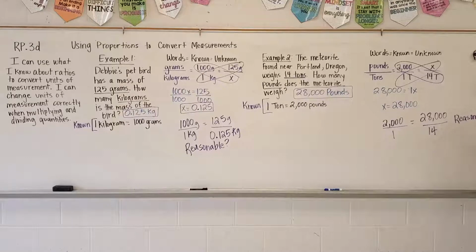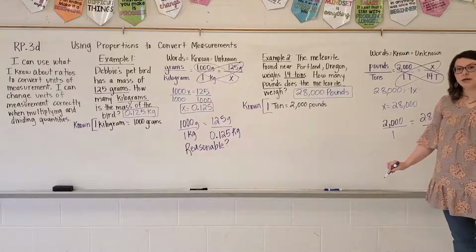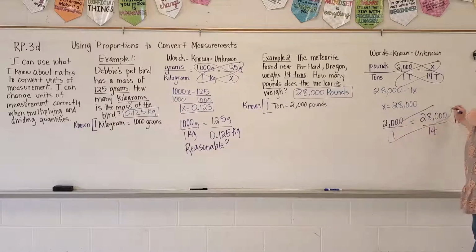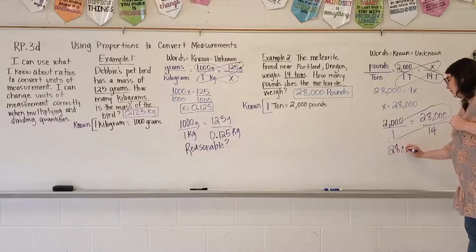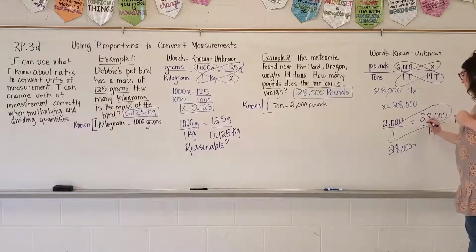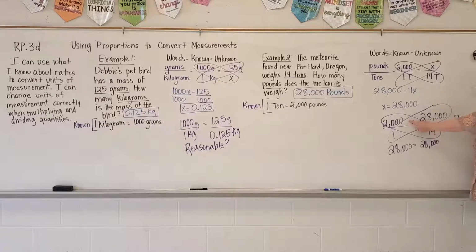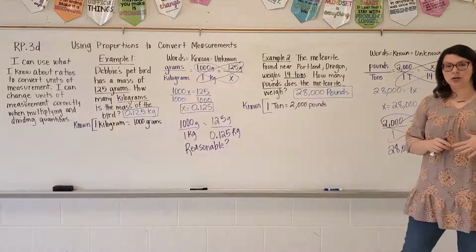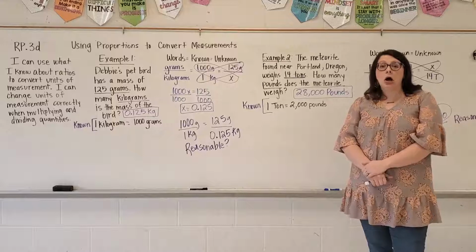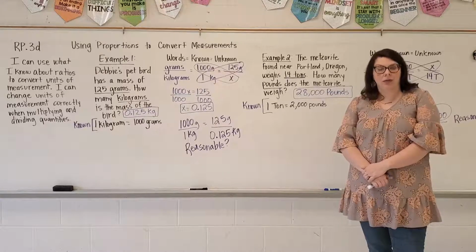Also, if I were to cross multiply, I would get equivalent values. 28,000 times 1 is equal to 28,000, and 2,000 times 14 is 28,000, proving that this proportion is in fact a proportion, that the ratios are equal. Another way to check your thinking is if I were to simplify 28,000 fourteenths, I would get 2,000. So that is a way that you can always check your thinking to make sure that the proportions you're creating are actually proportions because they are equivalent ratios.